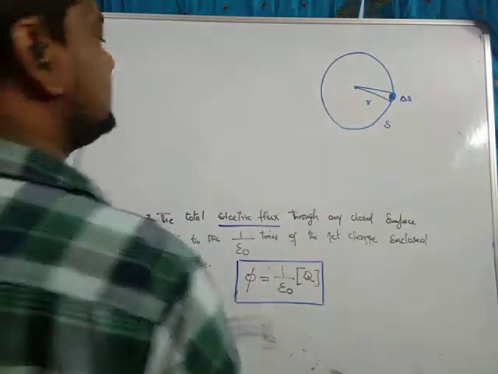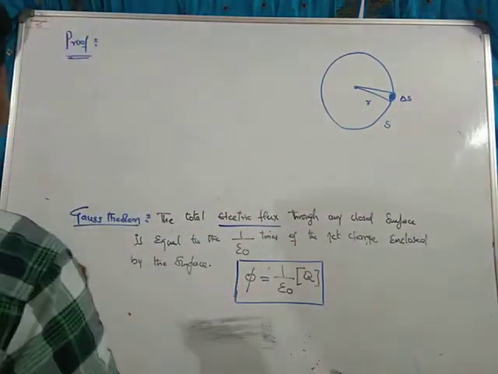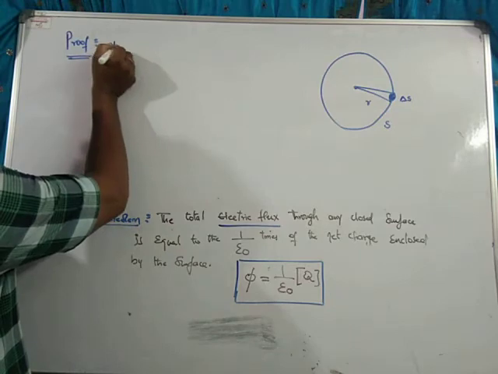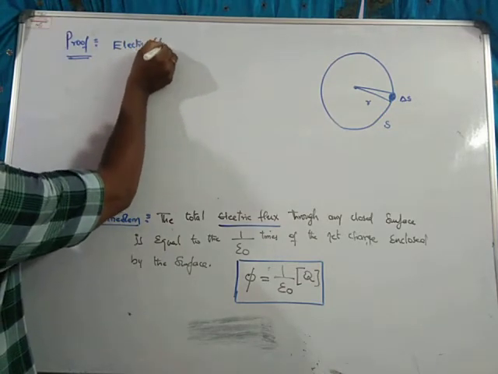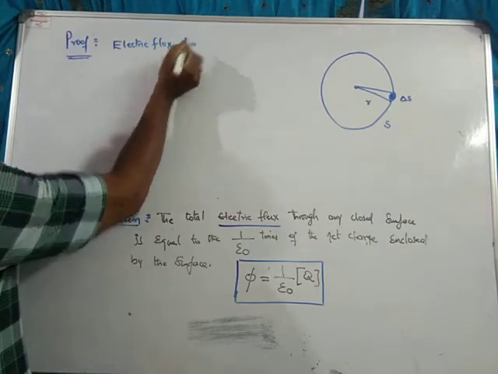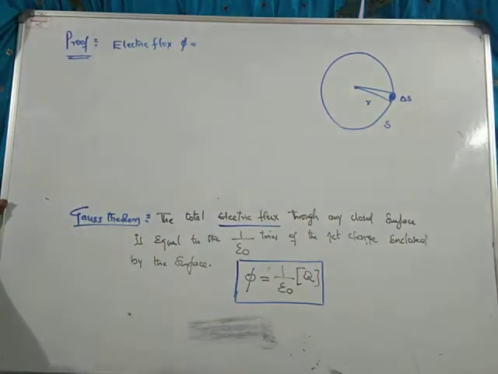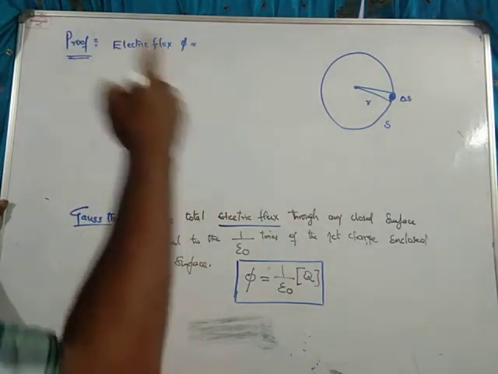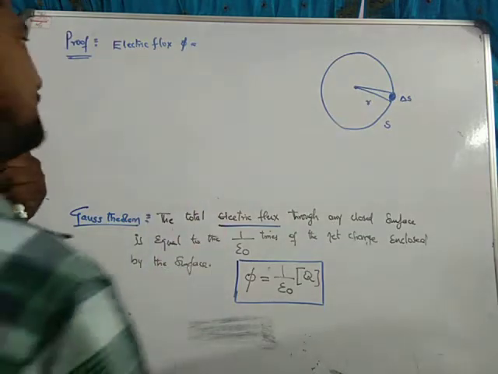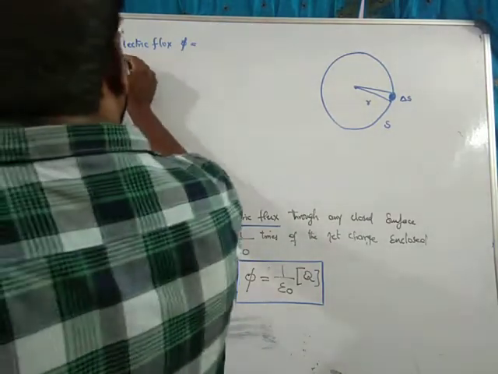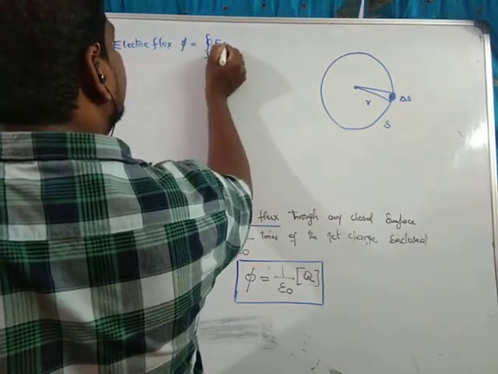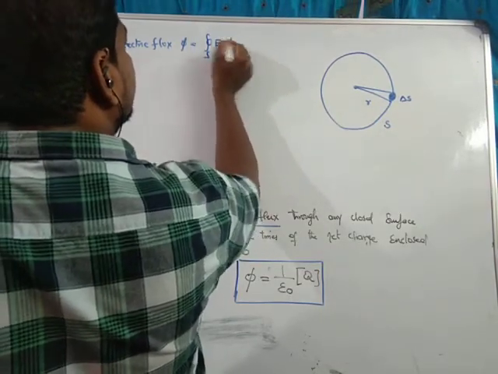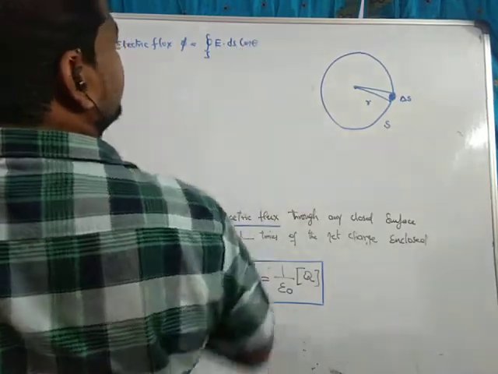So these are the terms according to electric flux. Flux is non-uniform, and non-uniform means all are moving in different directions. So for non-uniform electric flux, the surface integral of E ds cos theta.